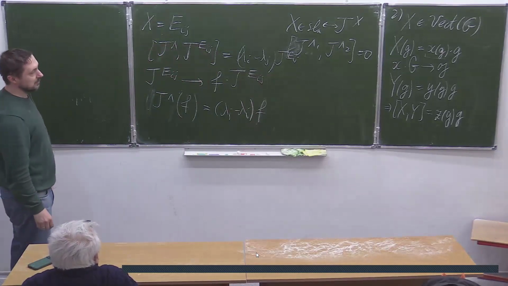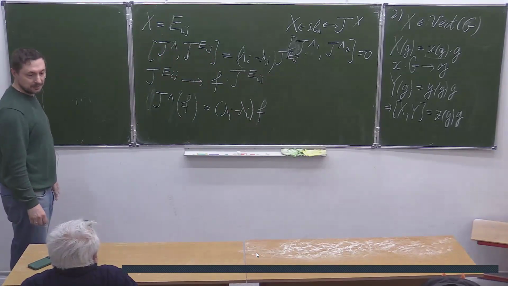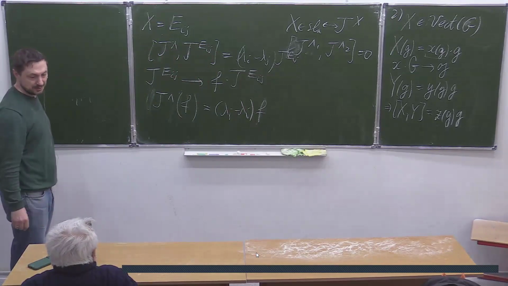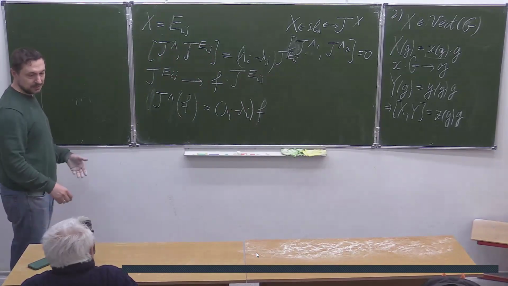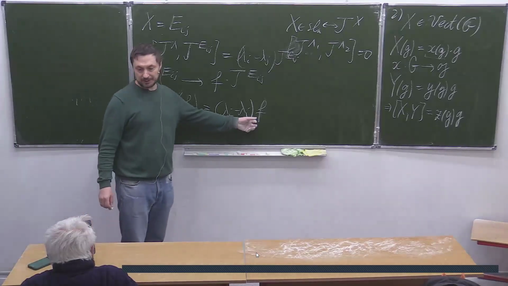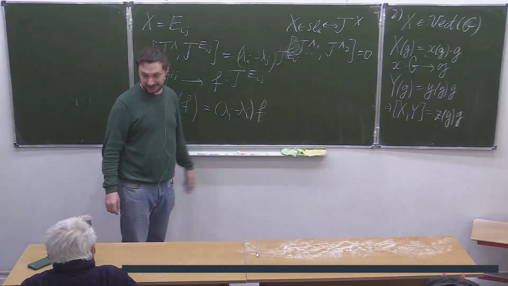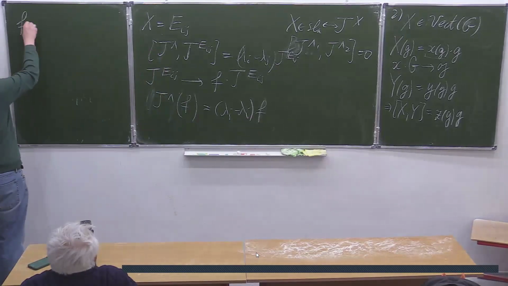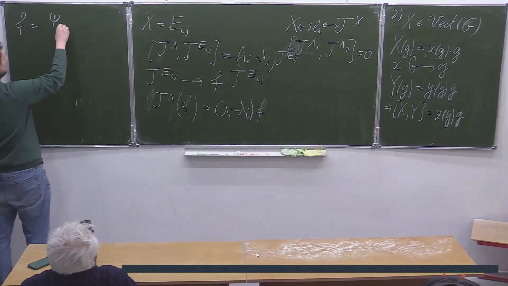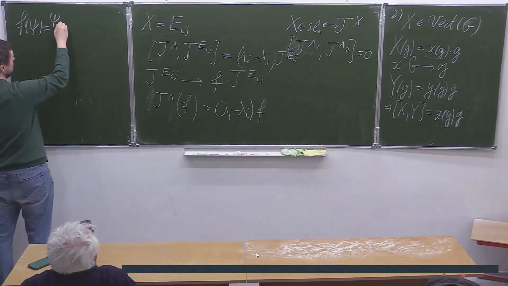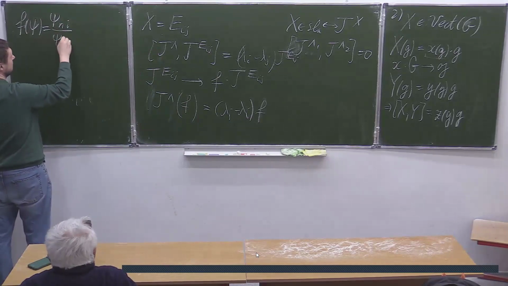It involves looking for certain representations of the Lie group SLN, of a Lie algebra SLN more generally. And then using these representations of SLN, I can produce such functions on an industrial scale, so to say. But the simplest thing I can do is just take f to be equal to the ratio of psi. So it depends on psi. It will be equal to the ratio of psi i divided by psi j.